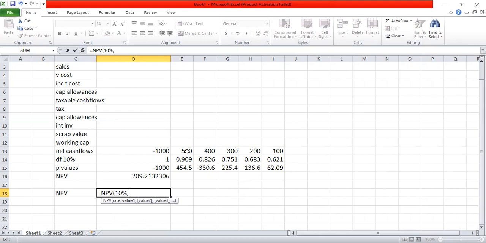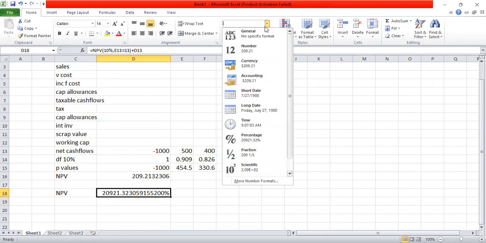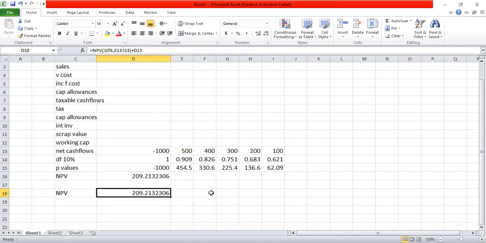These are the cash flows. Then close the bracket and add the year 0 cash flow. See guys, the same answer is coming, 209 and 209.